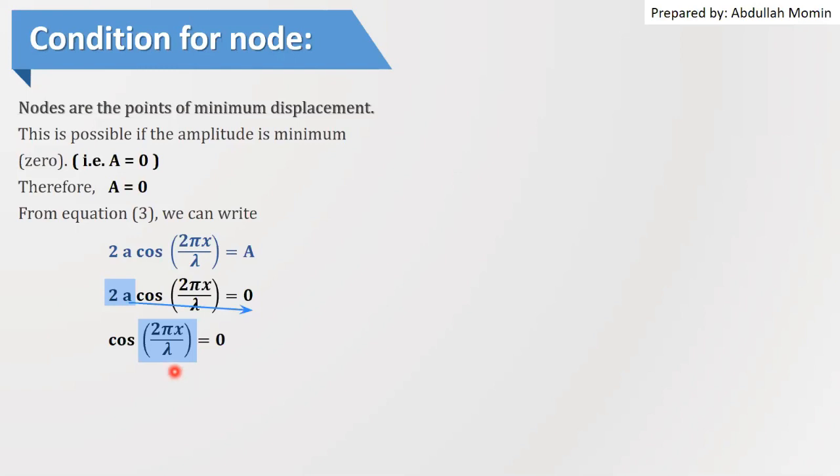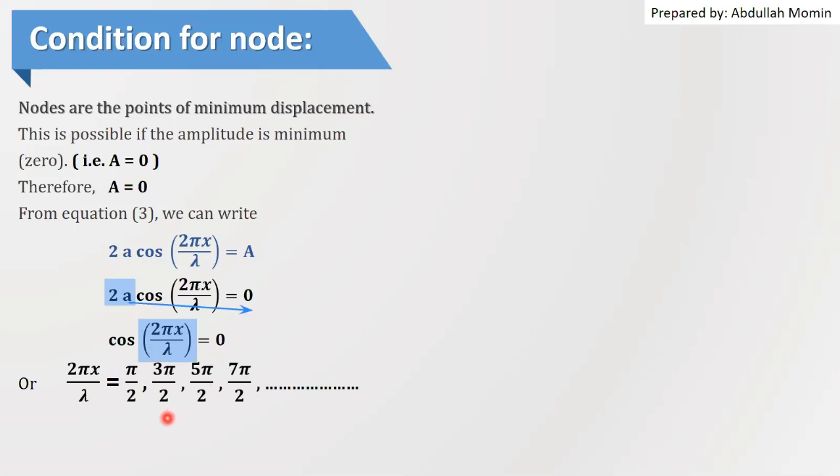So instead of theta, we are having 2 pi x upon lambda. So if we write the value of 2 pi x upon lambda as pi by 2, 3 pi by 2, 5 pi by 2, 7 pi by 2, 9 pi by 2, and so on, whenever we put the value of 2 pi x upon lambda as pi by 2, we are getting 0.